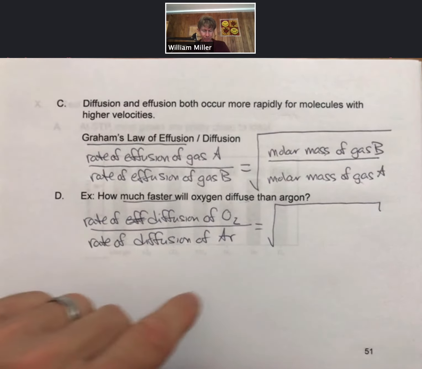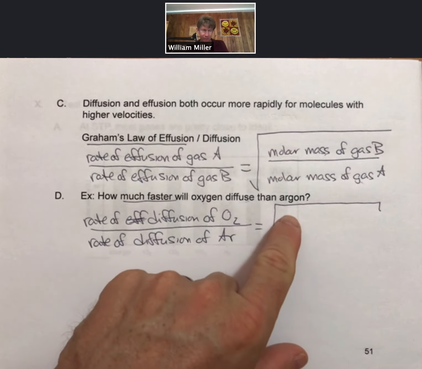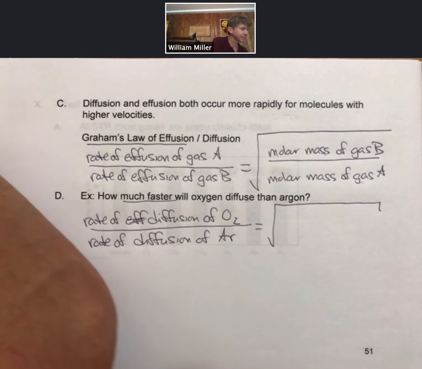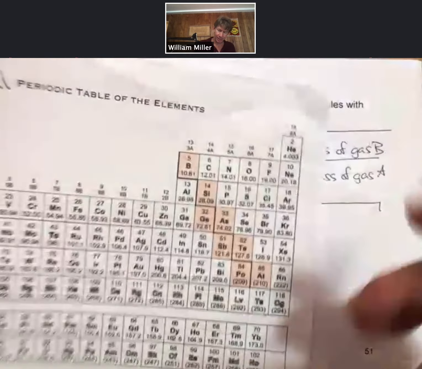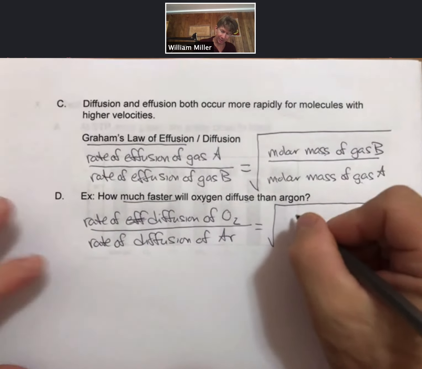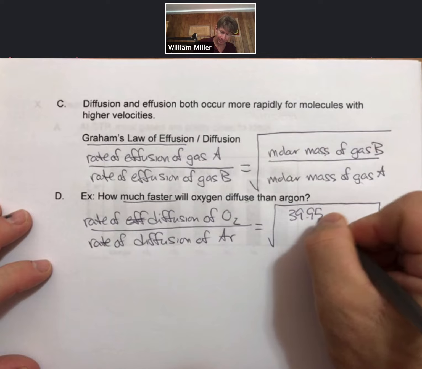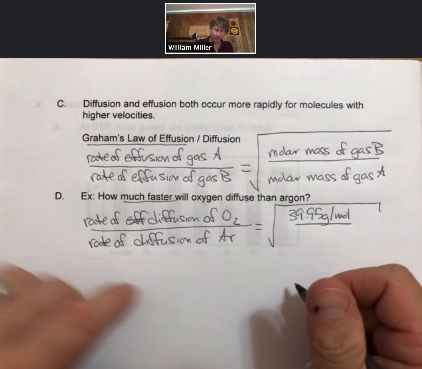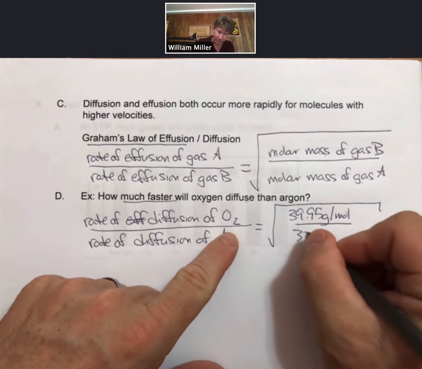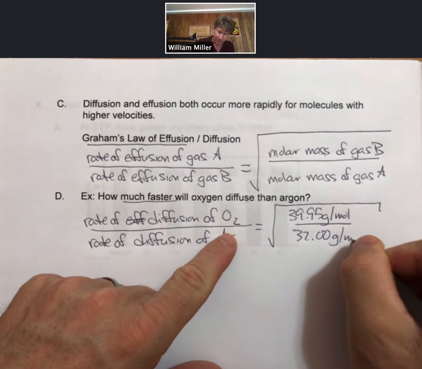is going to equal the square root of the molar mass of argon, 39.95 grams per mole, divided by oxygen, 32.00 grams per mole.